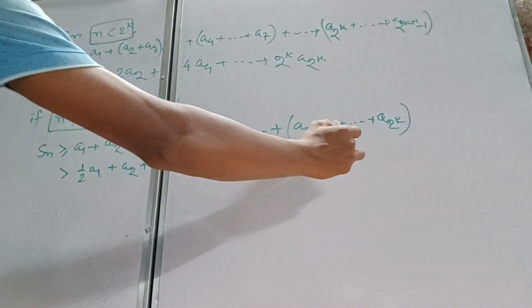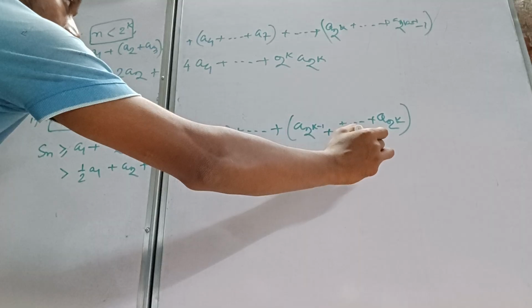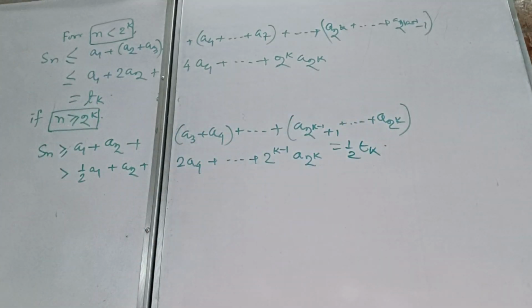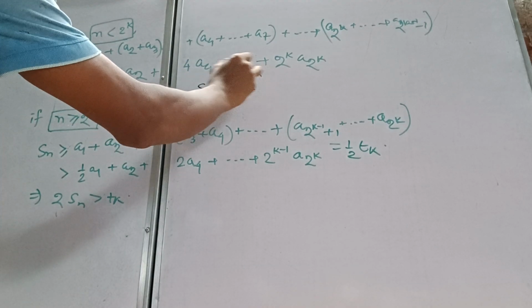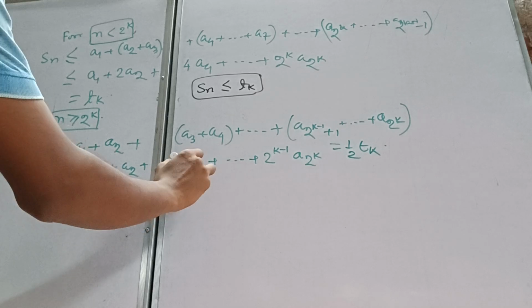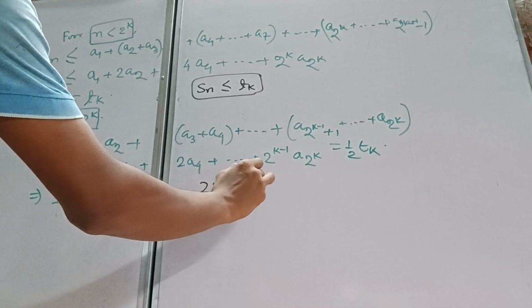Then this we write as equal to half tk. Then what do we get? We get 2Sn greater than tk. Then what do we obtain? We obtain Sn less than or equal to tk, and we obtain 2Sn greater than tk.